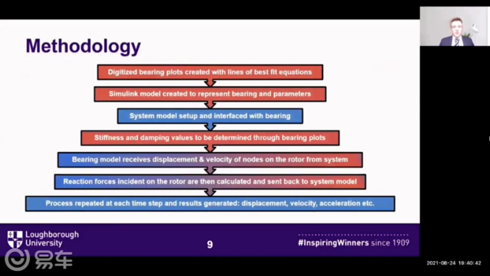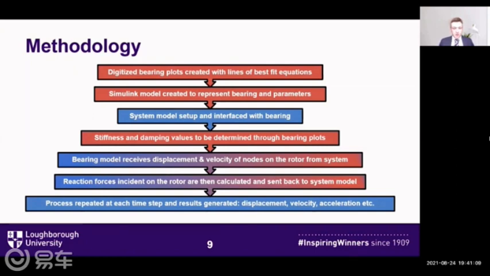On this slide, we just have a high-level flowchart where we can see the progress of the methodology, as well as the flow of data between the component and system models. To begin with, the bearing map shown in the previous slide was digitized in MATLAB. Following this, a Simulink model was created to represent the bearing and its parameters. The system model was then set up within a multi-body dynamic environment, and the bearing model was interfaced within.